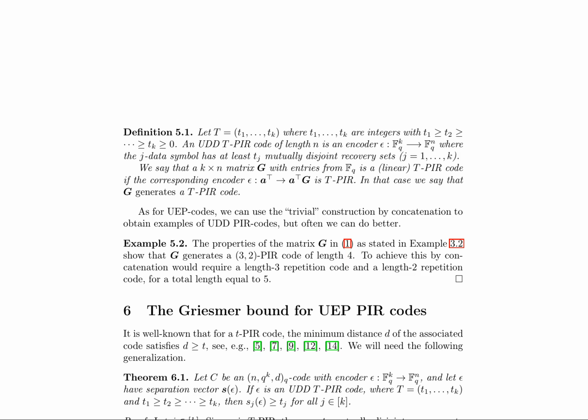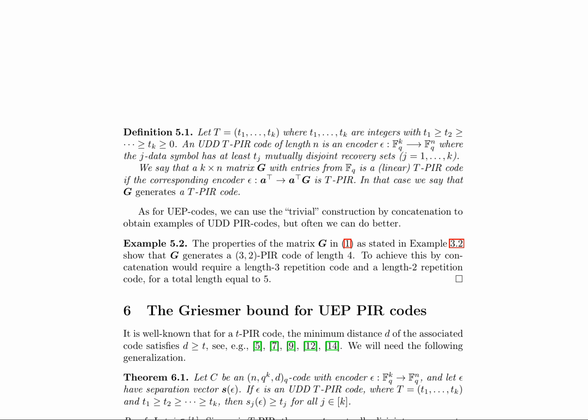A k times n matrix G with entries from F_q is said to generate a t-PIR code if the corresponding encoder satisfies the t-PIR property. Example 5.2 illustrates that the matrix G in example 3.2 generates a (3, 2)-PIR code of length 4, which is more efficient than the trivial construction by concatenation.